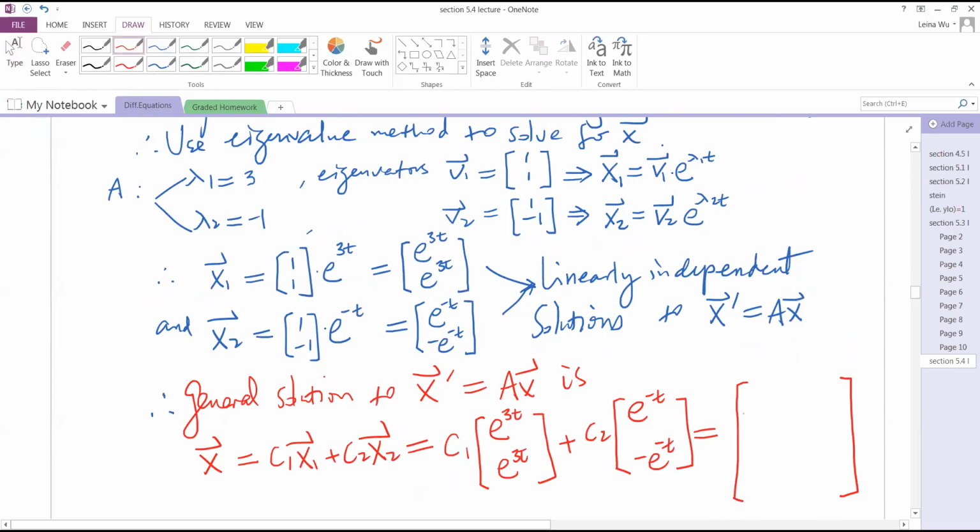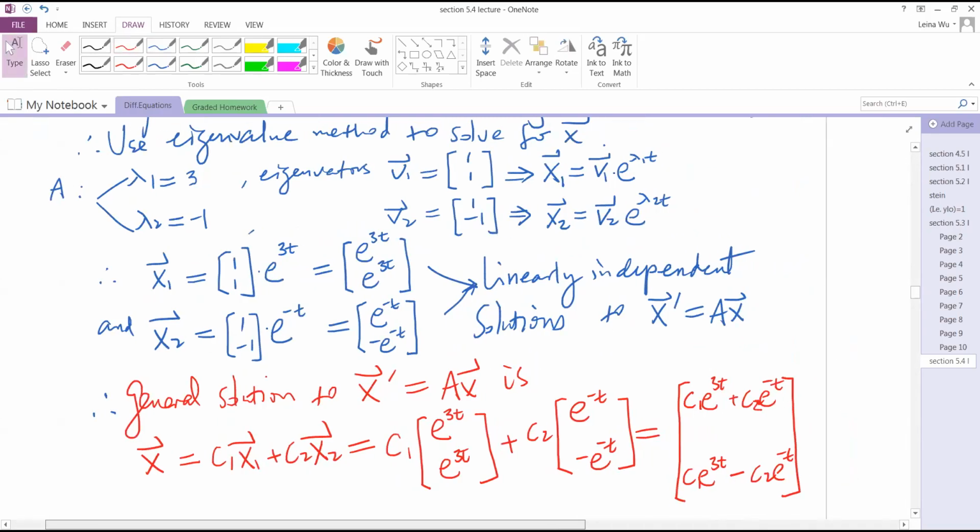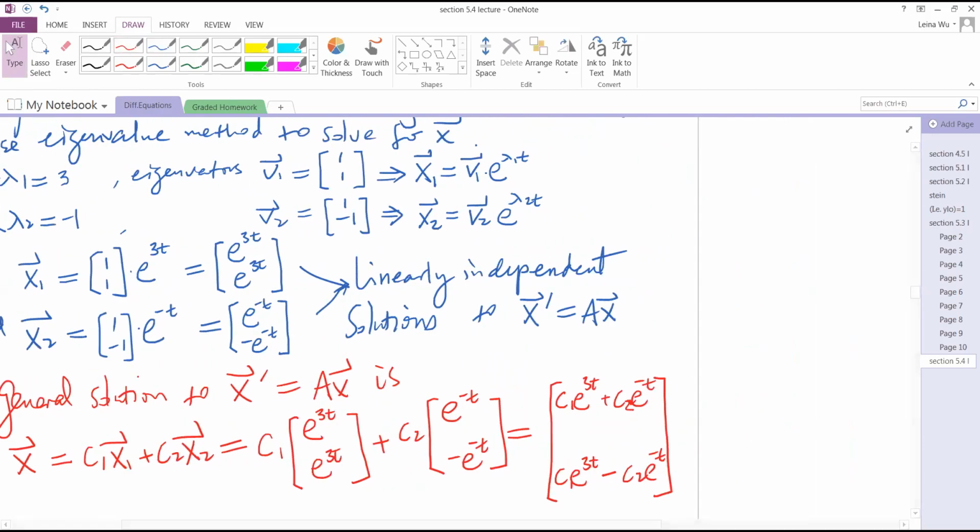Eventually, if you want to write them out, this is c1 e to the 3t plus c2 e to the negative t, and c1 e to the 3t minus c2 e to the negative t. Is that good? Yep.